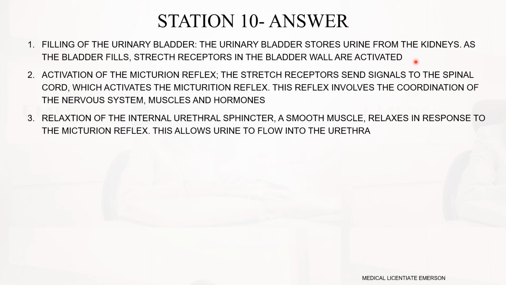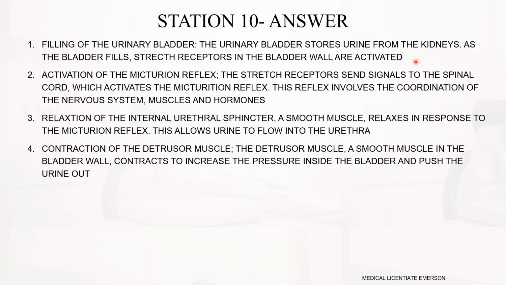So step 3 is relaxation of the internal urethral sphincter, which is a smooth muscle, and it relaxes in response to the micturition reflex, and it allows urine to flow into the urethra.